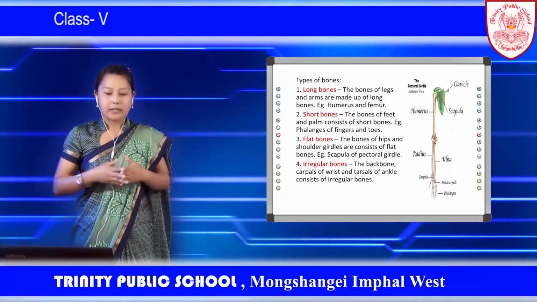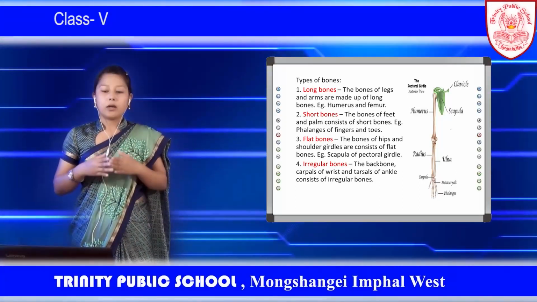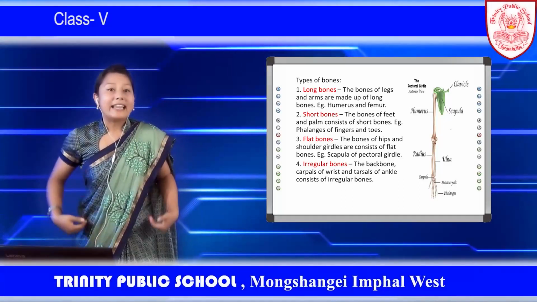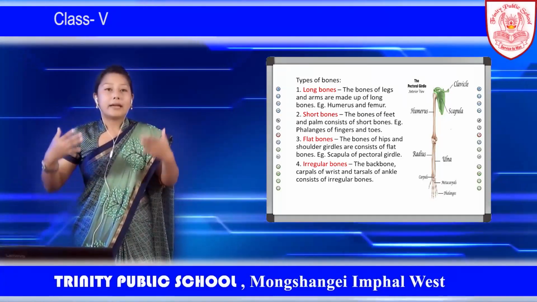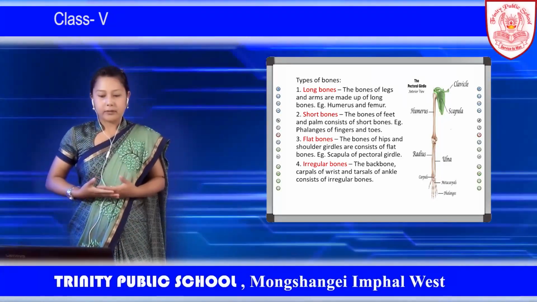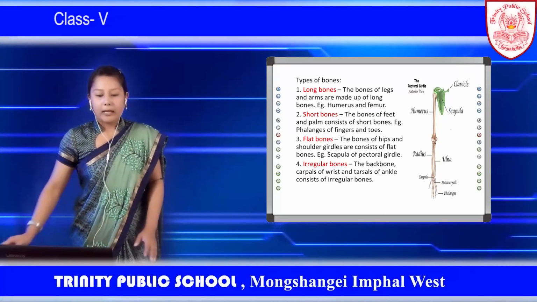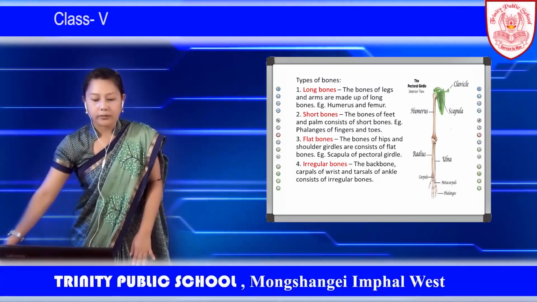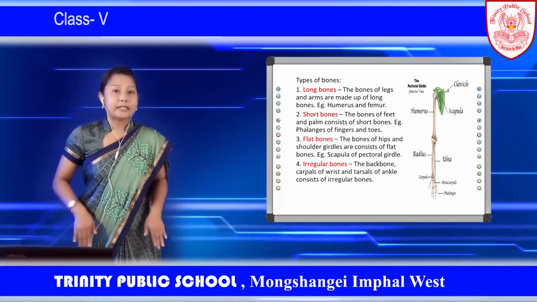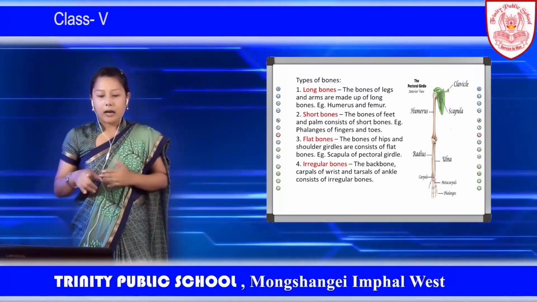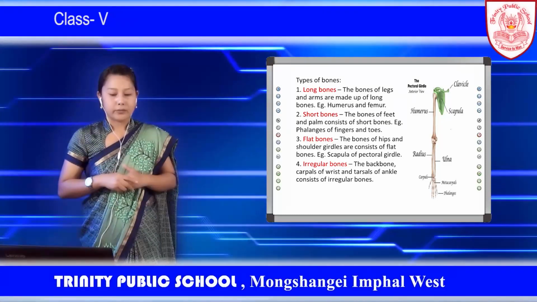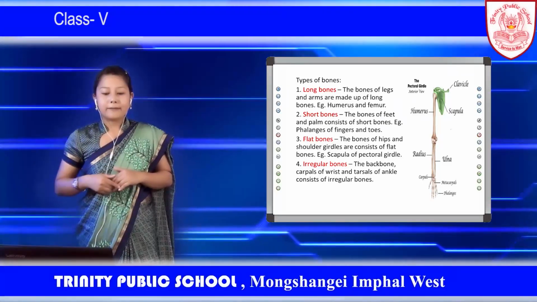First one, long bones. The bones of the legs and arms are made up of long bones, for example, your humerus and your femur. The next, short bones. The bones of the feet and palms consist of short bones. And next is the flat bones.